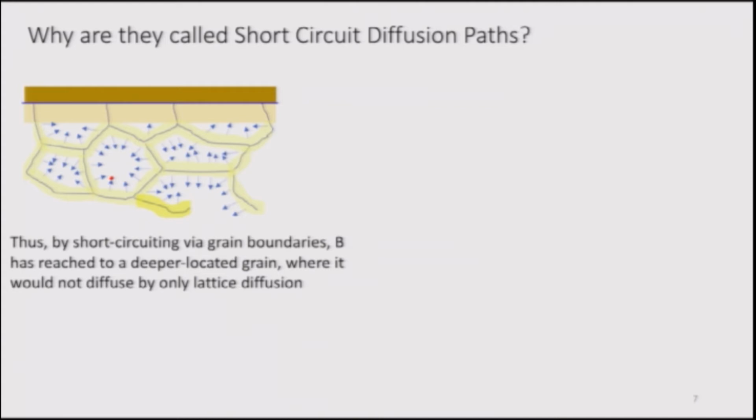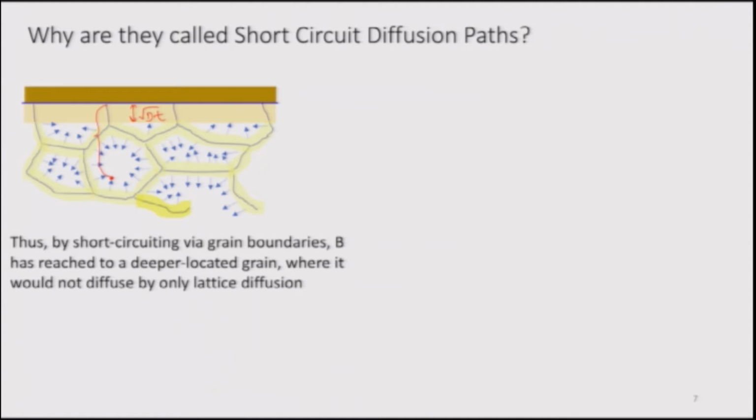If only lattice diffusion was active, obviously this distance from the surface is much larger than the distance root Dt, and hence in the absence of grain boundaries the diffusion would not have penetrated to this point.